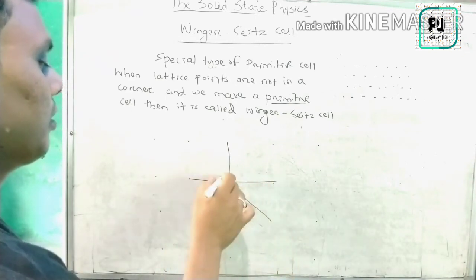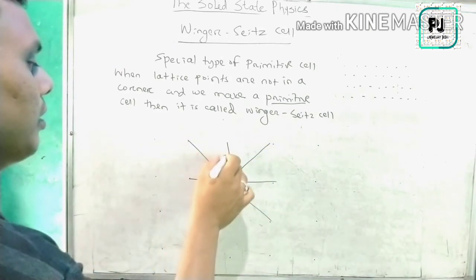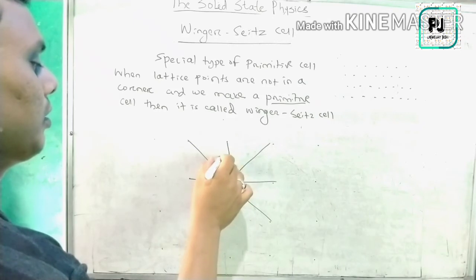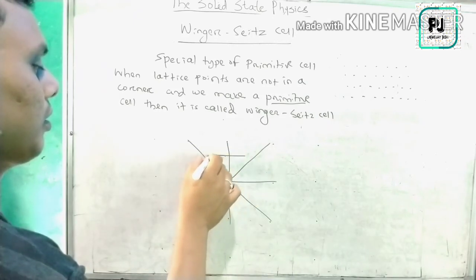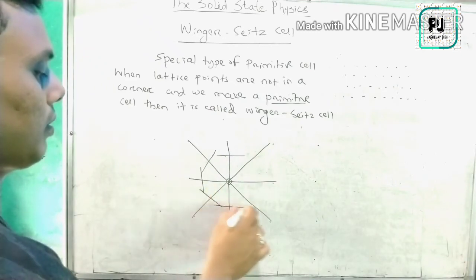So all the sides, and half of this one, and this side half of this one, this side half of this one, half of this one.